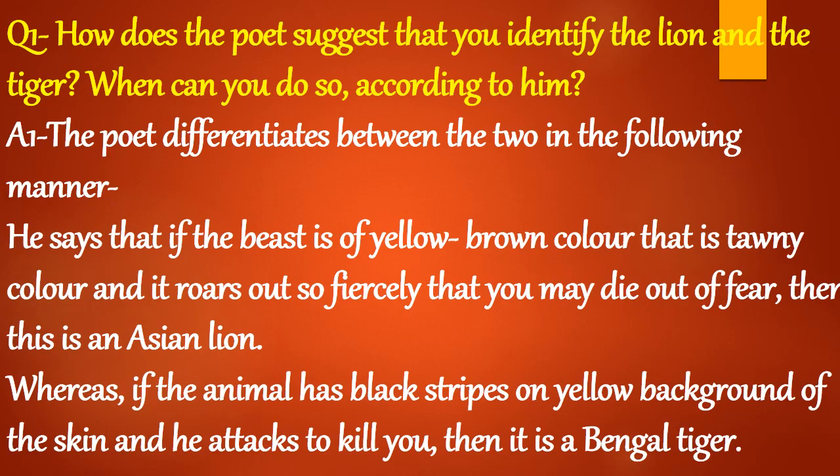Whereas if the animal has black stripes on yellow background of the skin and he attacks to kill you, then it is a Bengal tiger. So this is the difference between Asian lion and Bengal tiger.